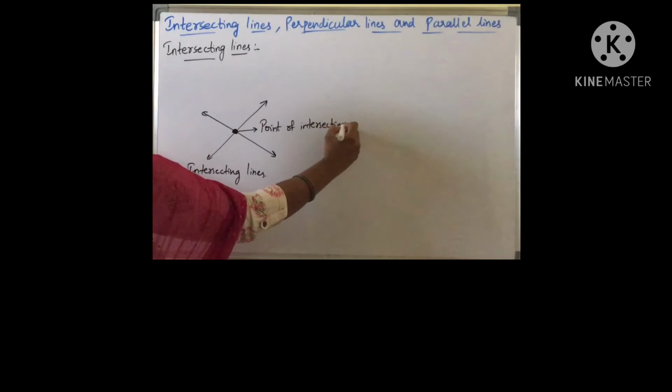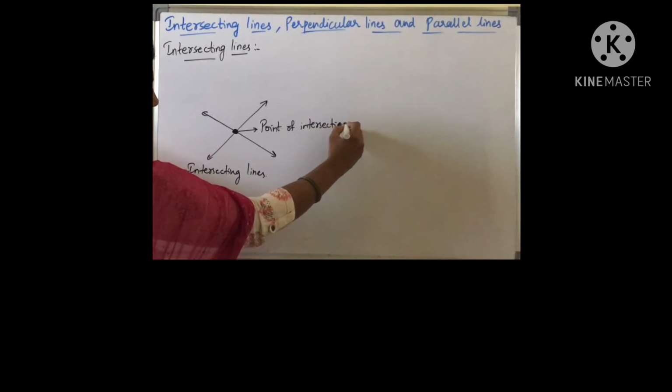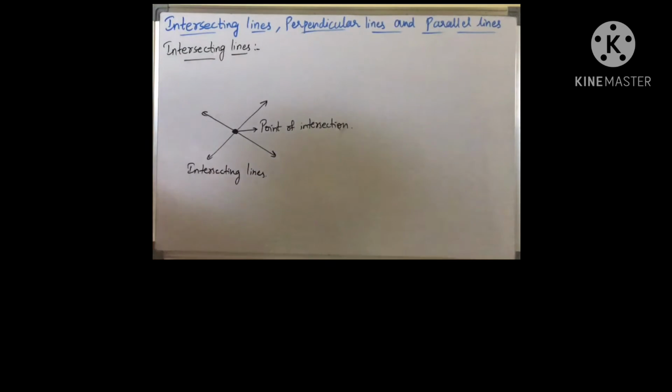The point where the two lines are meeting, that point is known as point of intersection.